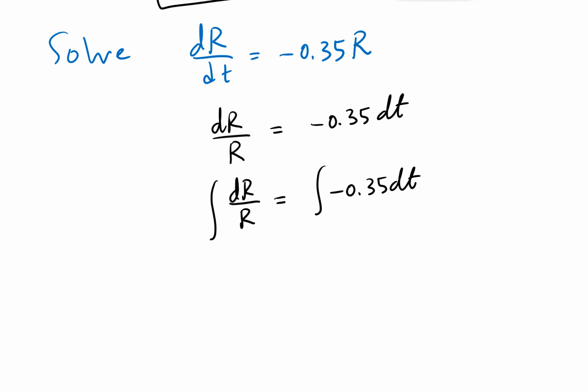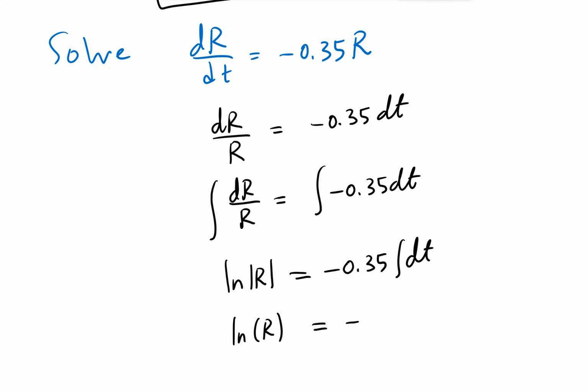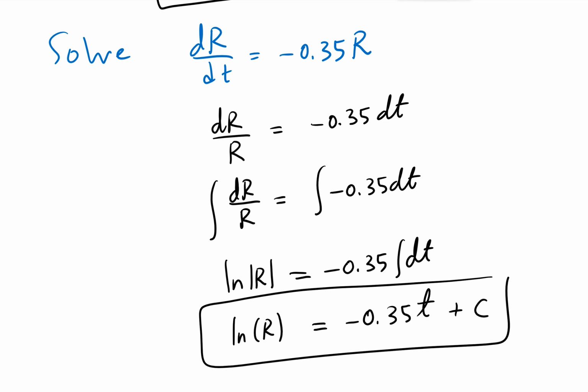The integral of dr over r is natural log of absolute value of r equals, take the constant out, dt. Here you can drop the absolute value, no need for it for now. The antiderivative of dt is t, and don't forget the plus c. You can just leave it like this.